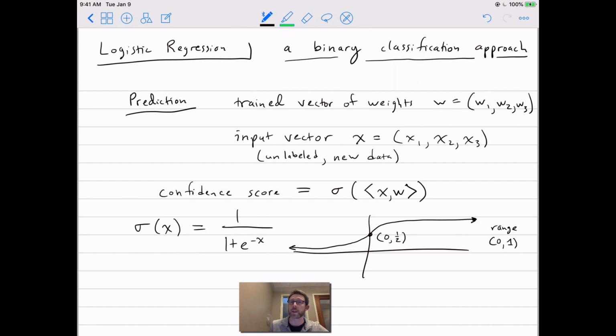Okay, so the midpoint is at 0, input 0. If we were to lower it down, it would be an odd function, meaning it's symmetric. And it has nice calculus properties as well. So this is called the logistic function.